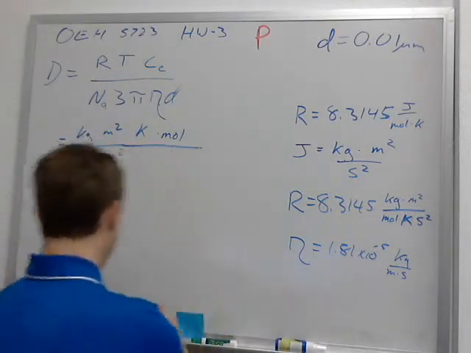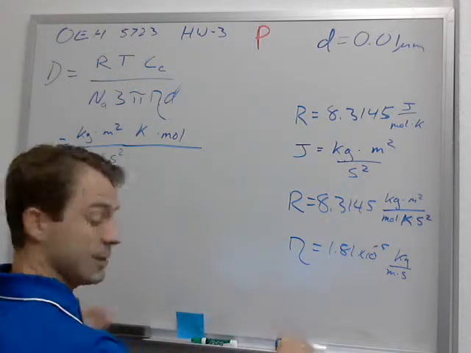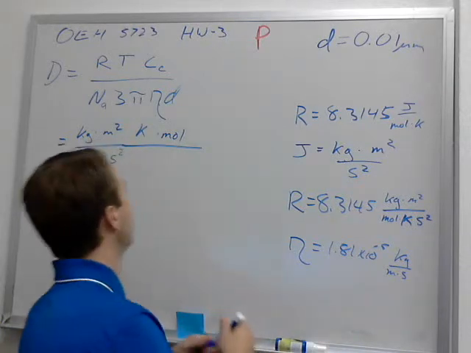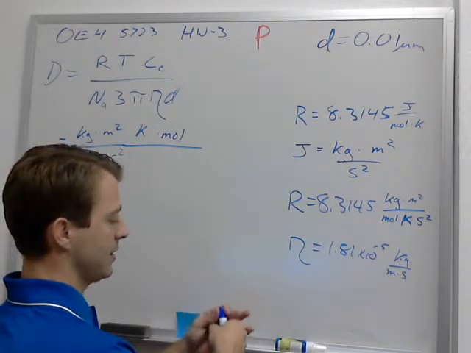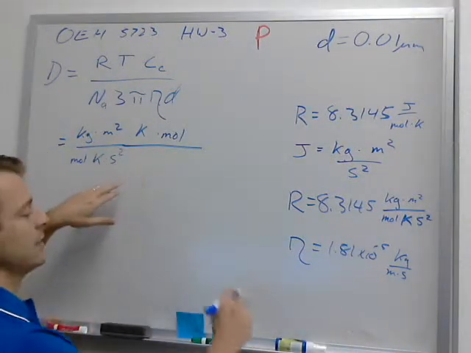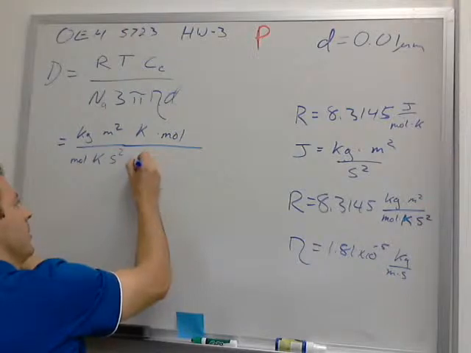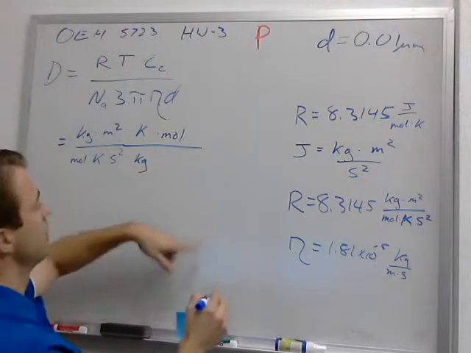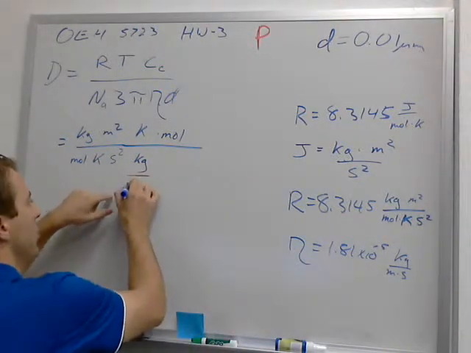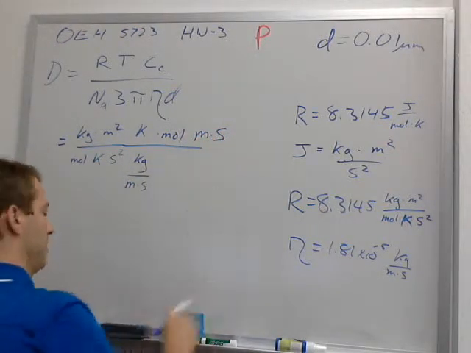Okay. Sorry for the time that used up, but it's important to make sure that it's right. I'm tired of filming these things, so I don't want to film them twice. So kilograms per meter second is in our denominator. So we have kilograms, and then per meter second, which is the same thing as having them up here.